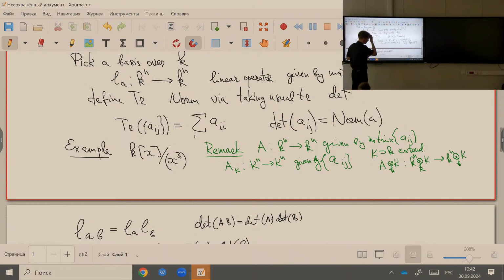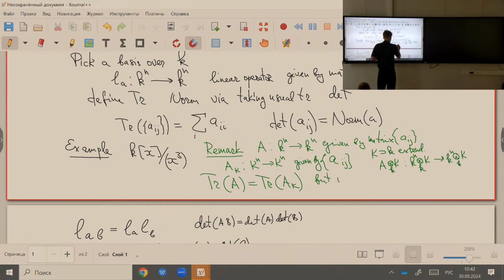But if you calculate the trace, the trace of A is of course equal to the trace of A_K, because they are given by the same matrix. But in order to calculate the trace of A_K, you can use different bases.